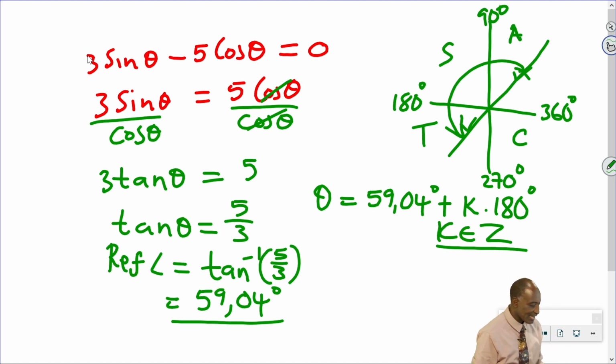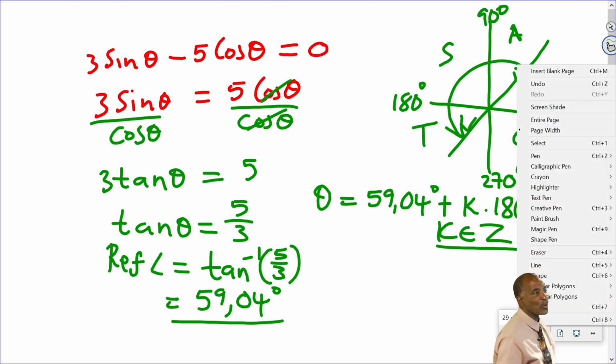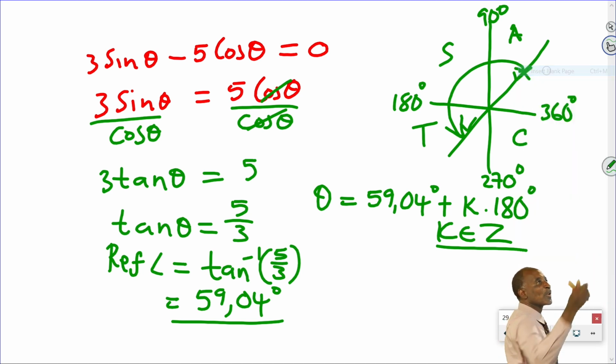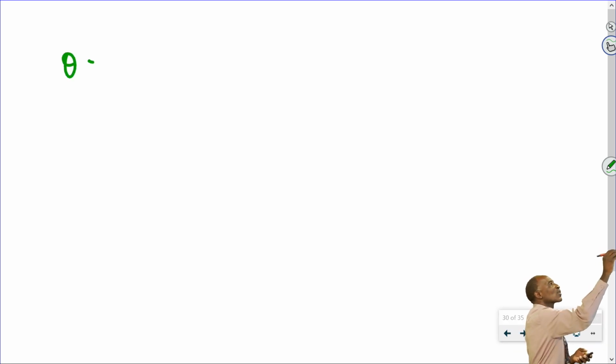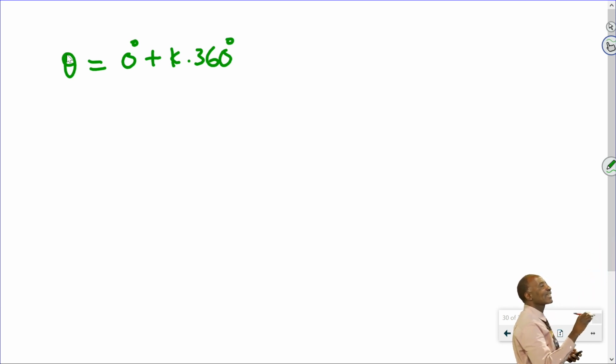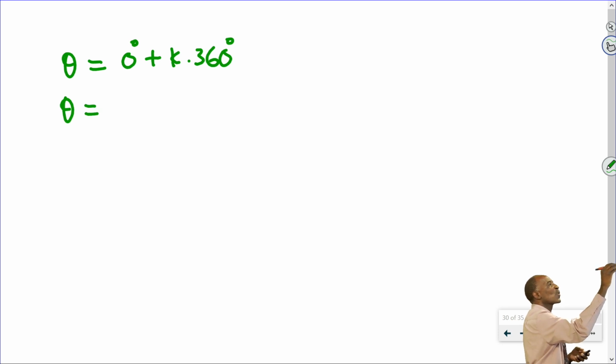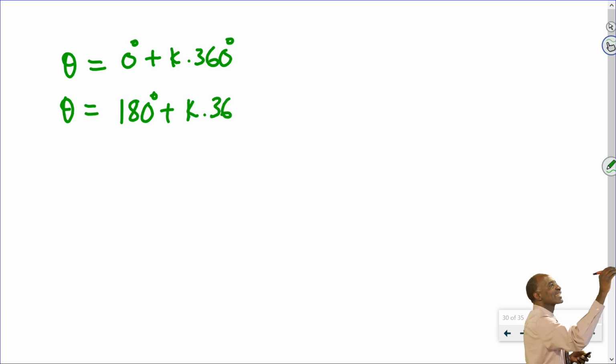So the answers from the functions that we obtained are as follows. The first answer was theta equals 0 degrees plus k 360 degrees. The other answer was theta equals 180 degrees plus k times 360 degrees.